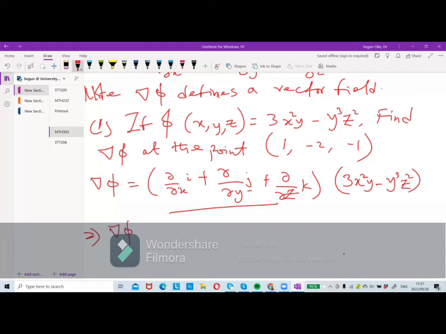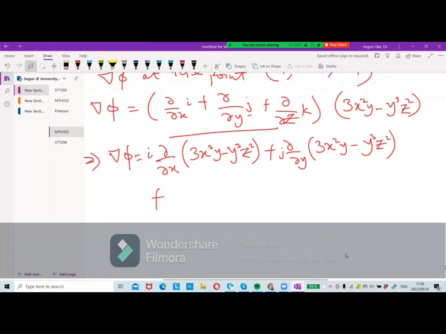I can place my i in front: d/dx of 3x squared y minus y cubed z squared, plus j d/dy of 3x squared y minus y cubed z squared, plus k d/dz of 3x squared y minus y cubed z squared.